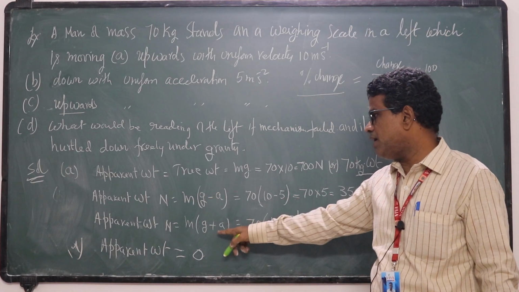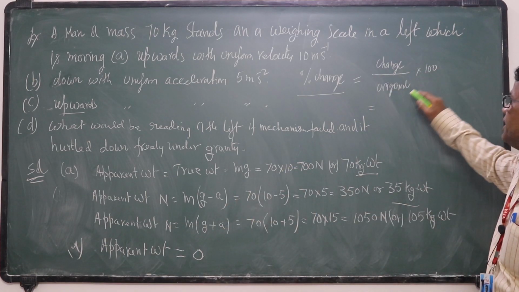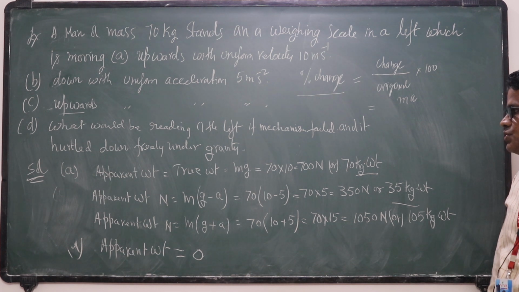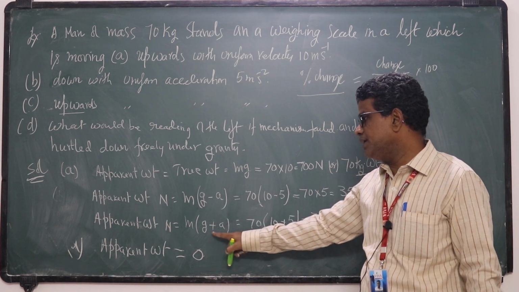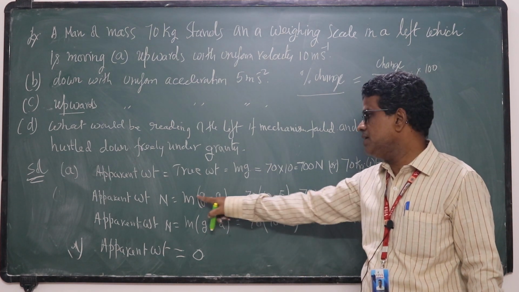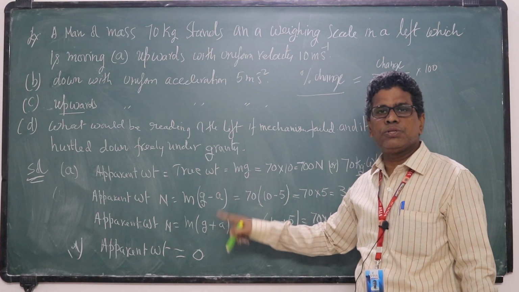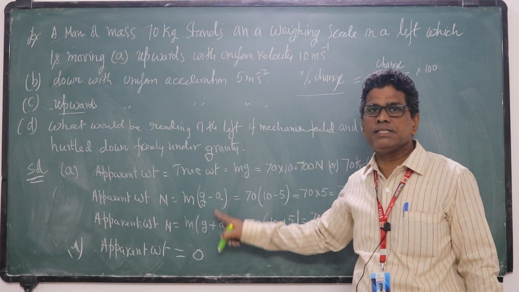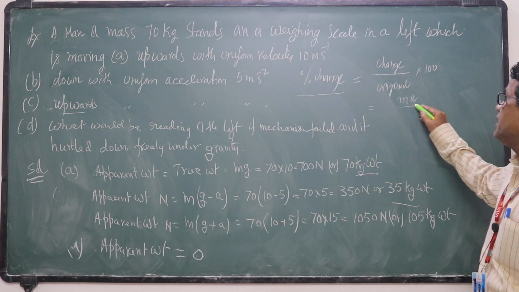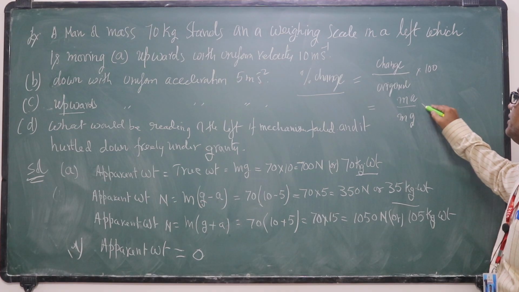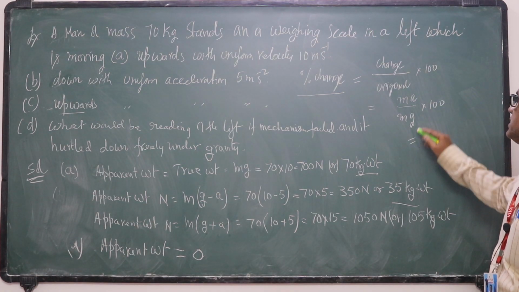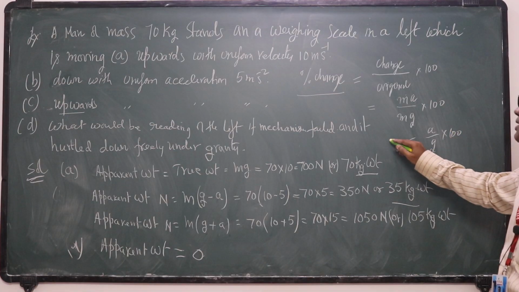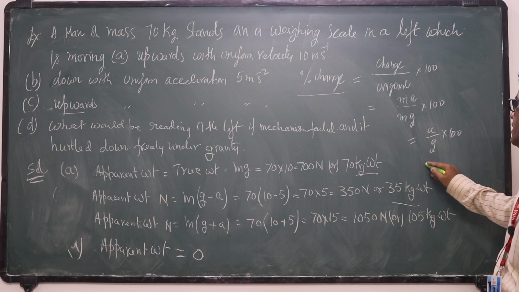Whether it is moving up or down, the change is ma, isn't it? True weight is mg, here it is mg plus ma, here it is mg minus ma. So change is ma, by original mg, into 100. So m gets cancelled, a by g into 100. This is the percentage change in weight of the person.